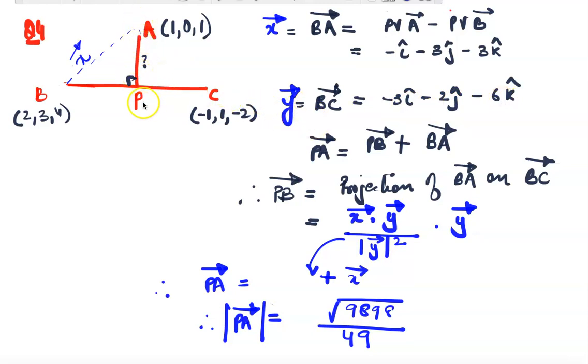Now we wanted to find this vector. So we can say that PB vector plus BA vector is equal to PA vector. So PA vector, which is this vector, is this plus this. Now we already know BA, which is X vector, but we don't know PB.